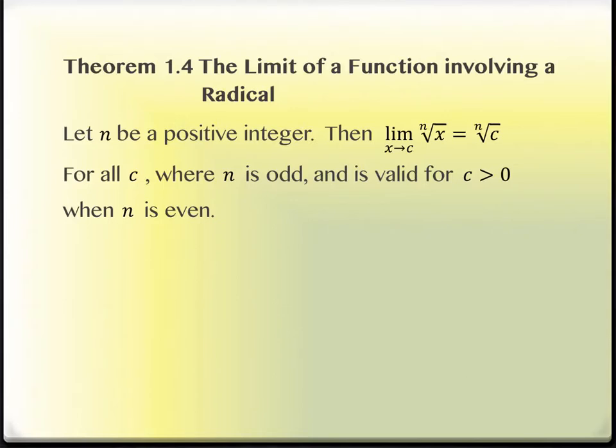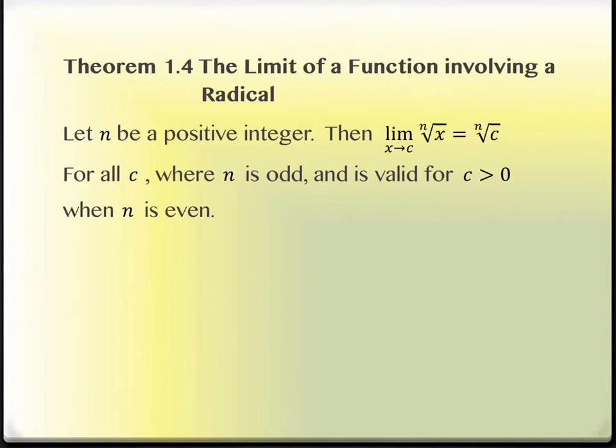There are some conditions because radicals have conditions. If the index is odd, it doesn't matter what c is. If you had a cube root or a 5th root, c can be anything because you can take the cube root of a negative number. That's really the kicker. But if n is even, like a square root, we have to have values underneath the radical that are positive.